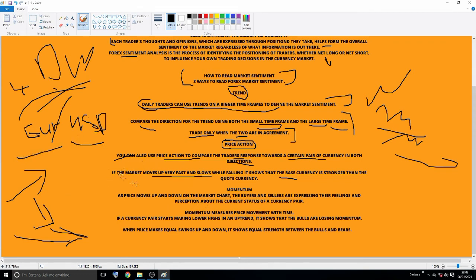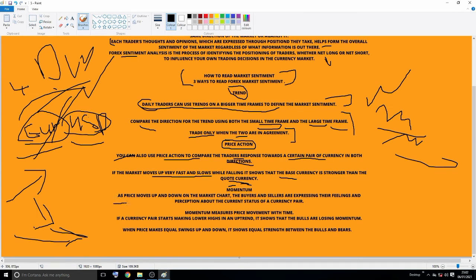So if the market moves up very fast and slow when falling, it shows that the base is stronger than the quote. So if the market pushes up and then falls a bit and pushes up, it means that the euro is stronger than the dollar. That's what it means.